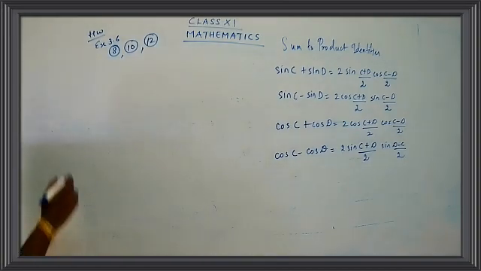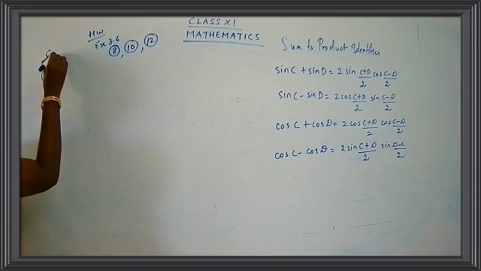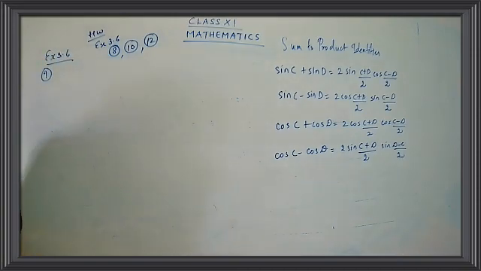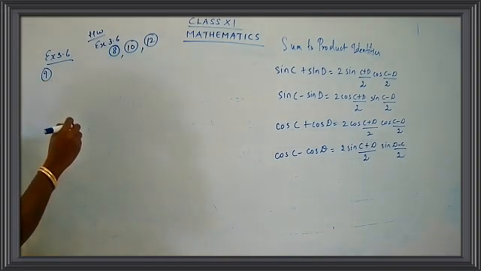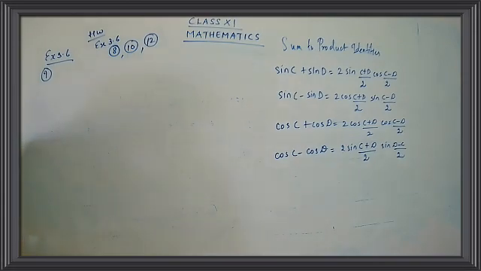Write down question number 9 from exercise 3.6. Prove that 1 plus cos 2x plus cos 4x plus cos 6x is equal to 4 cos x cos 2x cos 3x. So this is the question given to you. Write down the question.